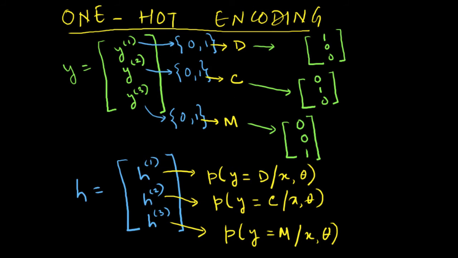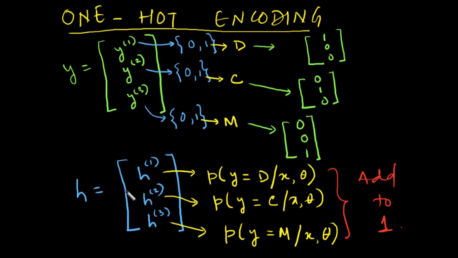And obviously all these three probabilities must add to 1, because the given input has to lie in one of these three categories, and so these probabilities must all add up to 1, and individually all these must be between 0 and 1. So now let's see how do we do this.